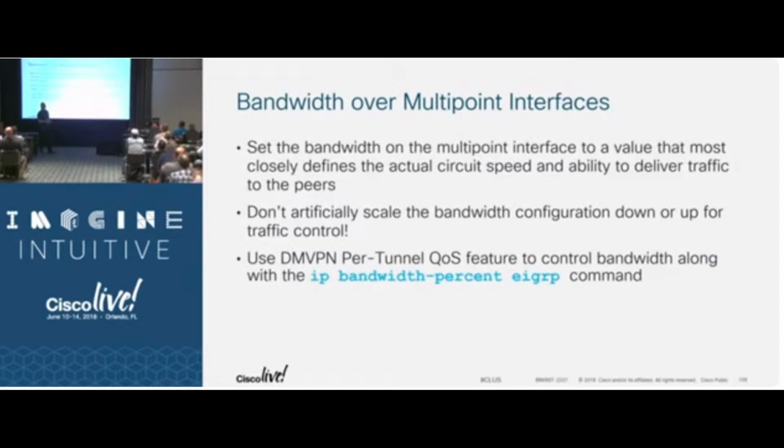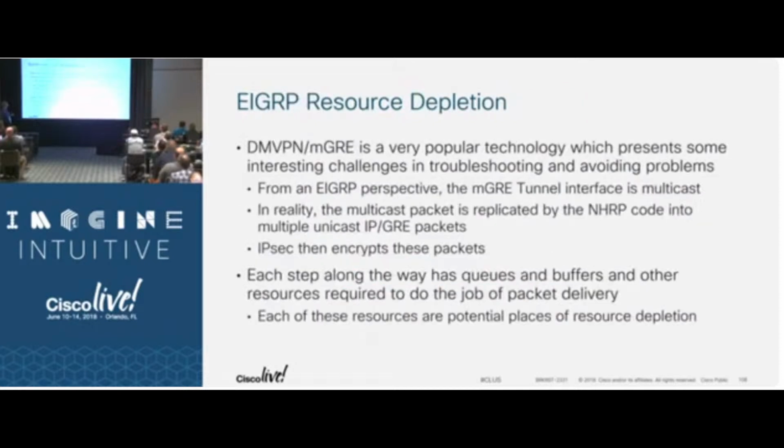With DMVPN, the thing is always kind of complicated. With DMVPN, EIGRP thinks that the tunnel interface works in a multicast mode, because this is what we present to EIGRP in the code. Unfortunately, the underlying connectivity for DMVPN is unicast.